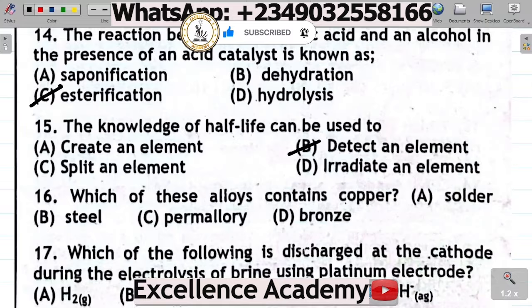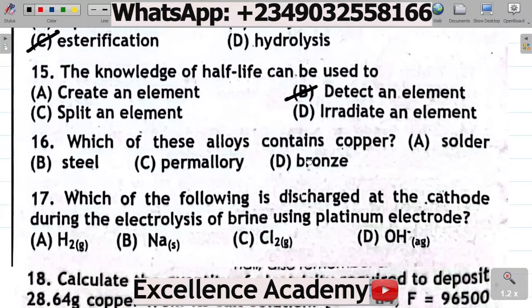So you want to note that half-life, or the concept of half-life, helps to identify radioactive elements. So we can usually identify radioactive elements using the concept of half-life. And since we can identify radioactive elements, we can say we can also detect an element using the knowledge of half-life. So B is the correct answer.